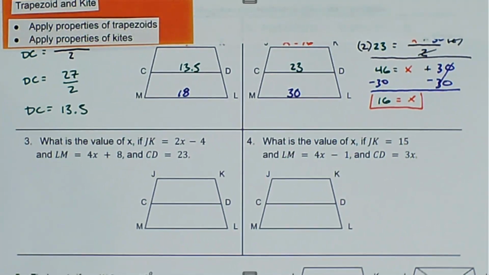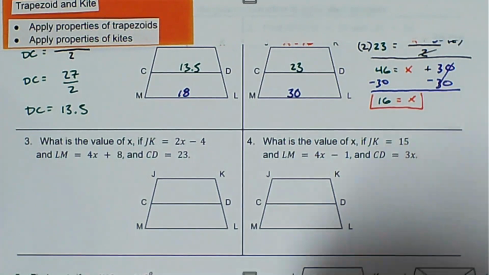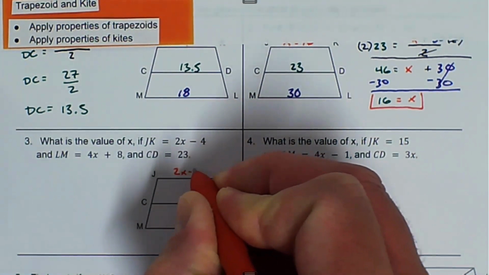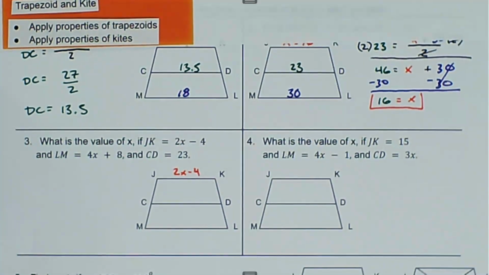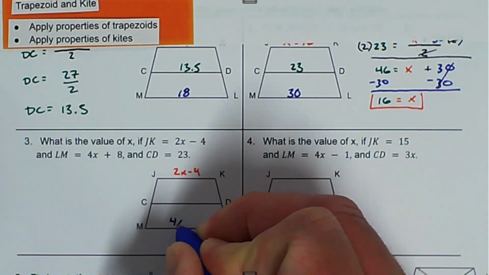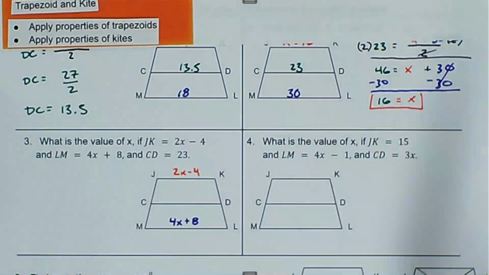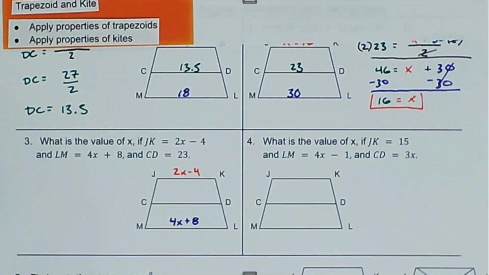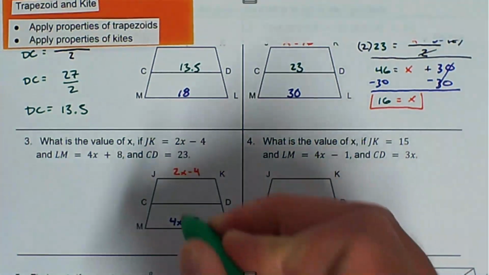We have number 3 and 4. And it says, what is the value of X if JK is equal to 2X minus 4, and LM is equal to 4X plus 8, and CD is equal to 23.